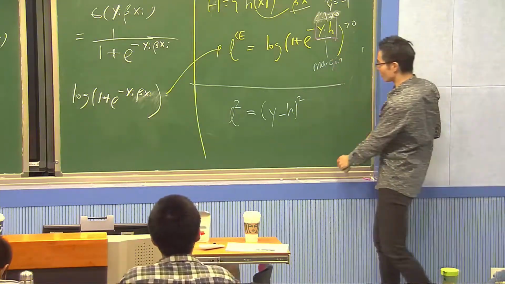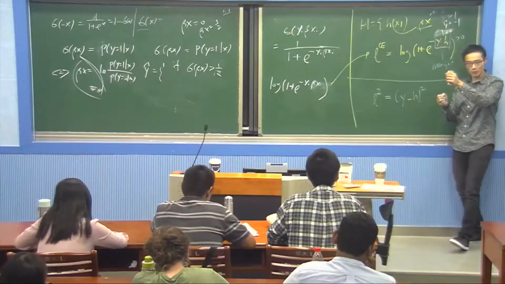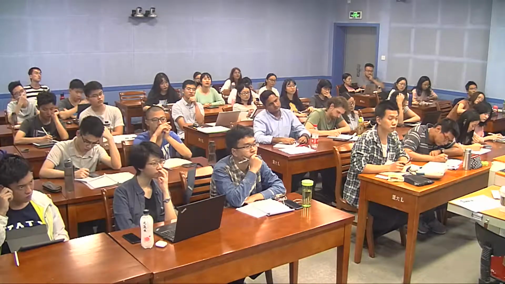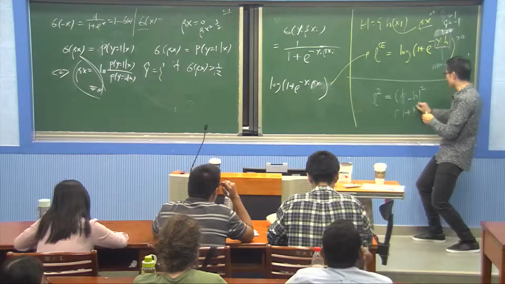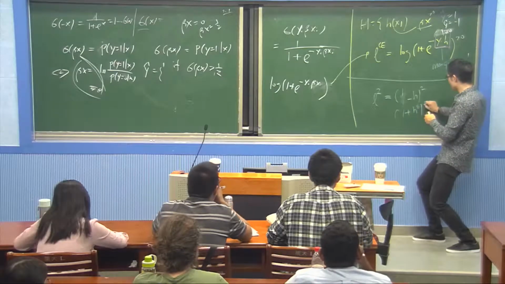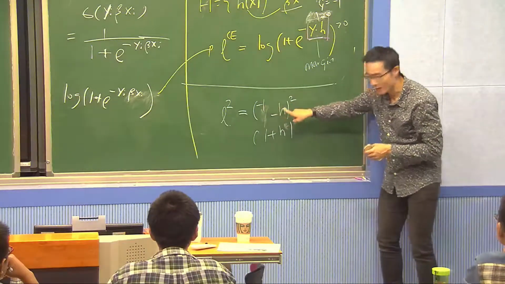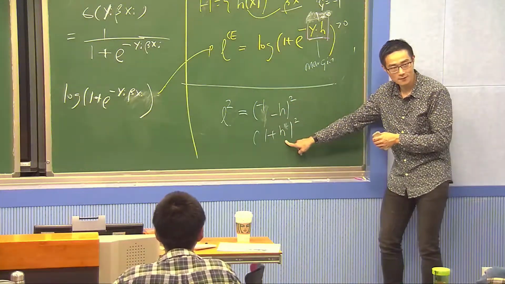How? Look, because y is plus 1 or minus 1, right? So if y is plus 1, then we have (1 minus h) squared. What if y is minus 1? If y is minus 1, we have (1 plus h) squared, because minus 1 minus h is really minus (1 plus h).